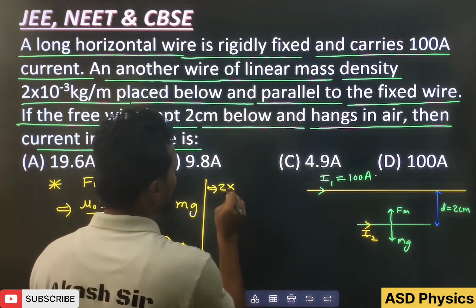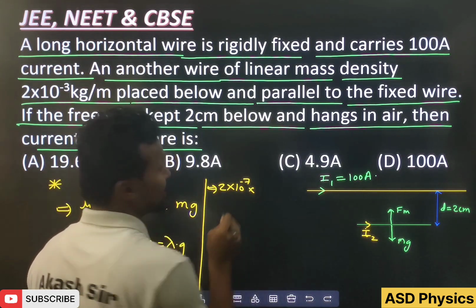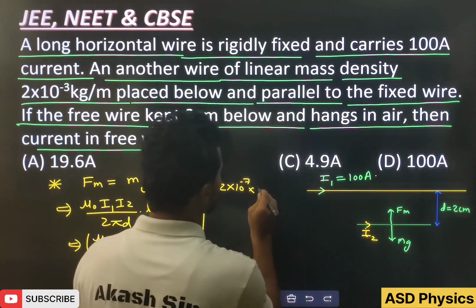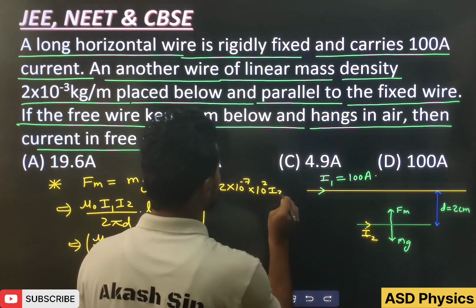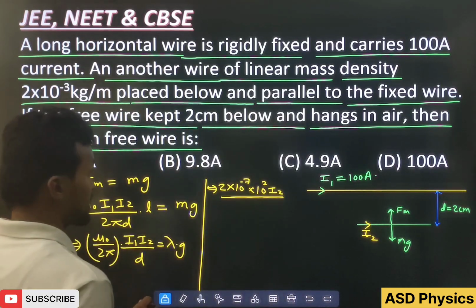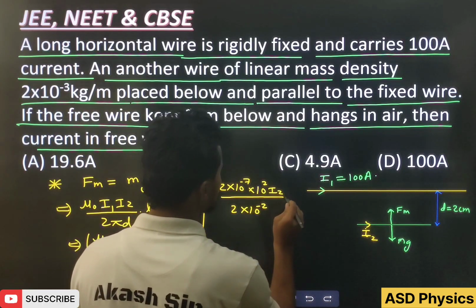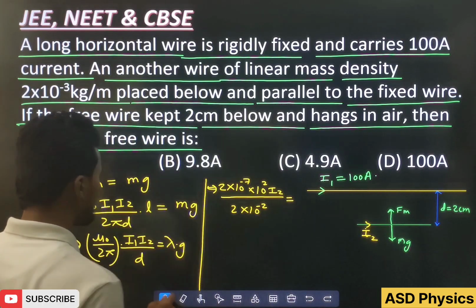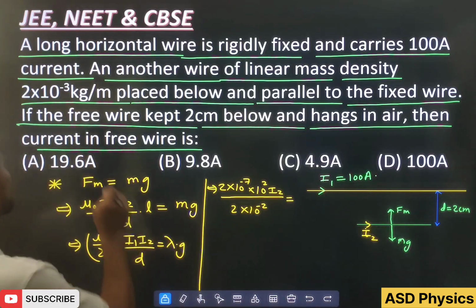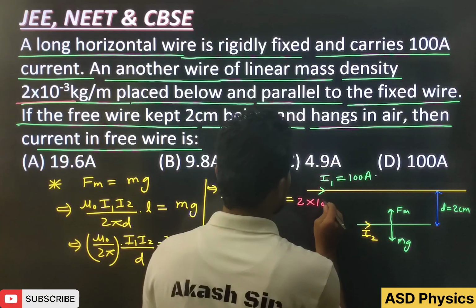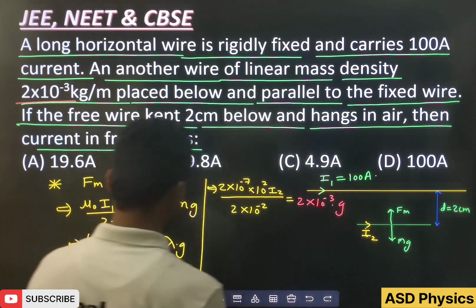You know very well, 2 into 10 to the power minus 7. After that, I1 I2, so 100 and I2, so 10 to the power 2 I2. And the d value, how much is given here? 2 centimeters, so 2 into 10 to the power minus 2, is equal to lambda g. Lambda value is how much? Kindly see, 2 into 10 to the power minus 3, into g.